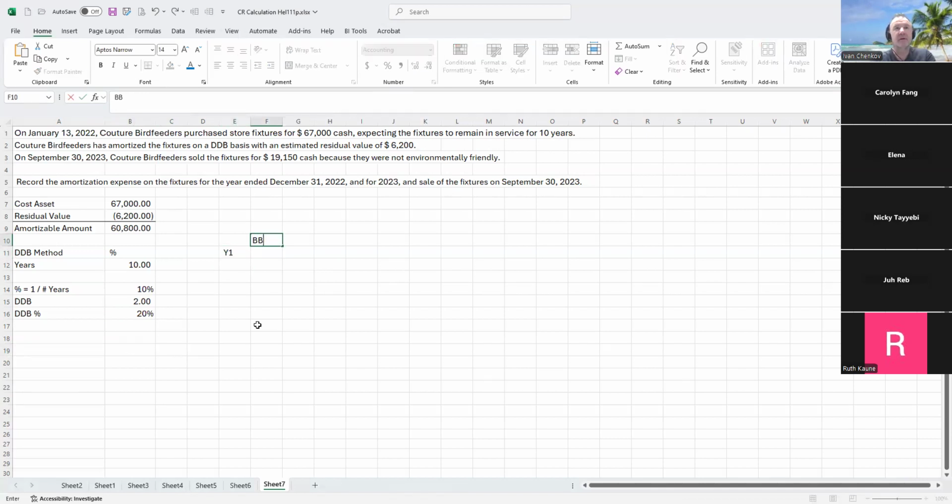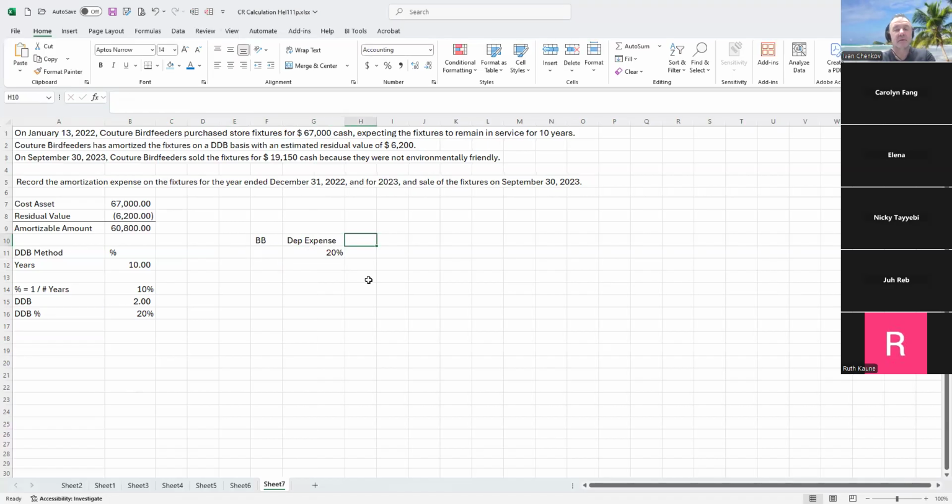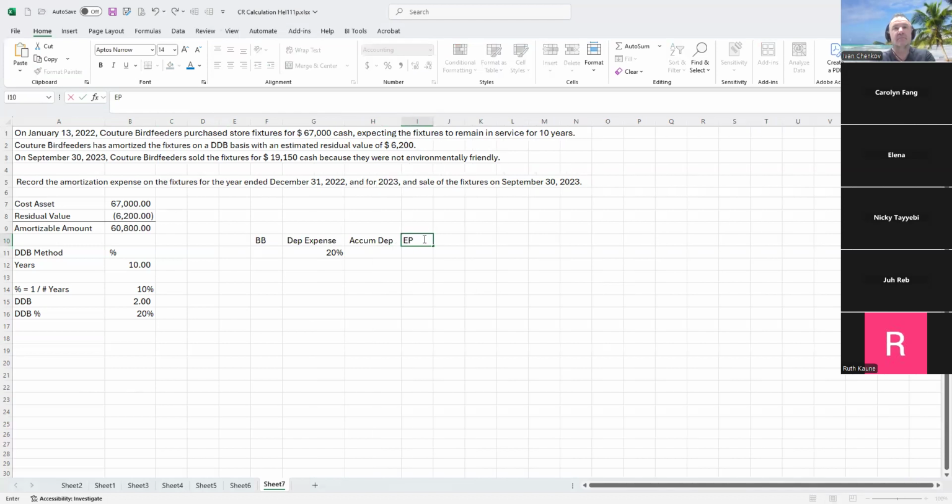We have a beginning balance. We have the amortization depreciation expense, which is based on the 20%. Then we're going to have the accumulated depreciation, and then the ending balance.